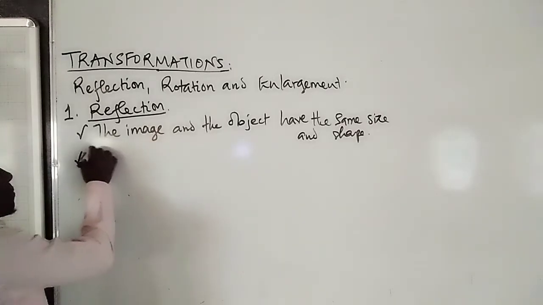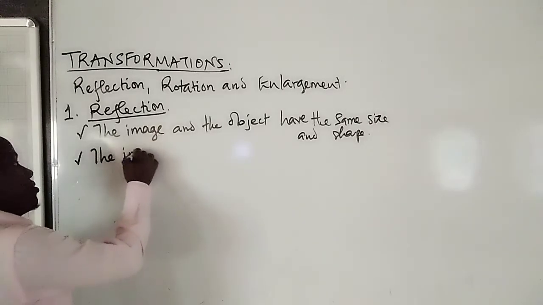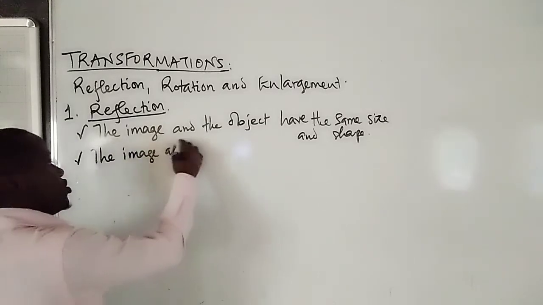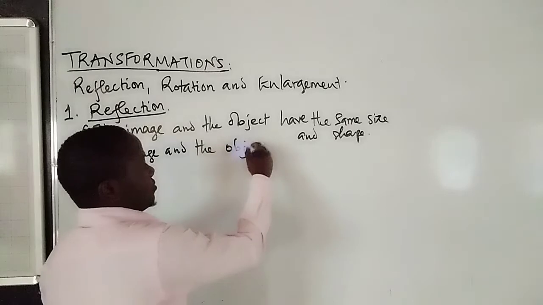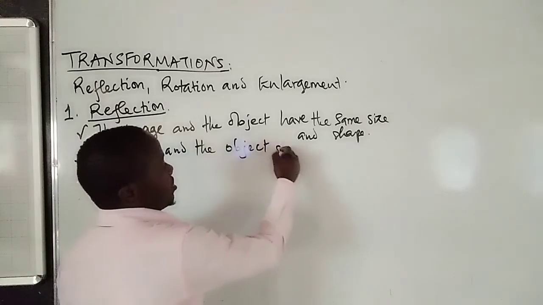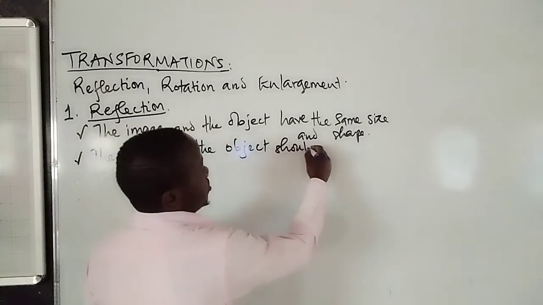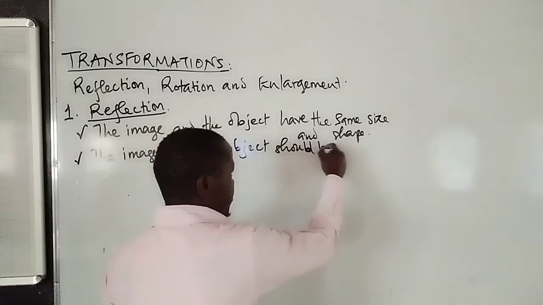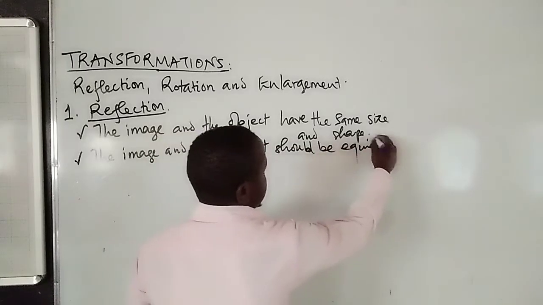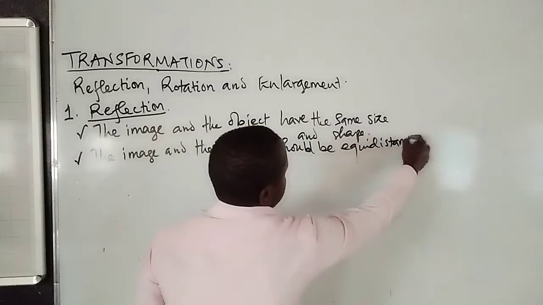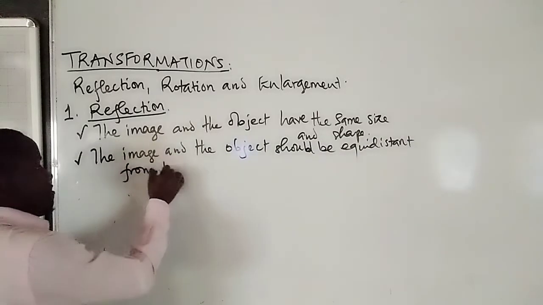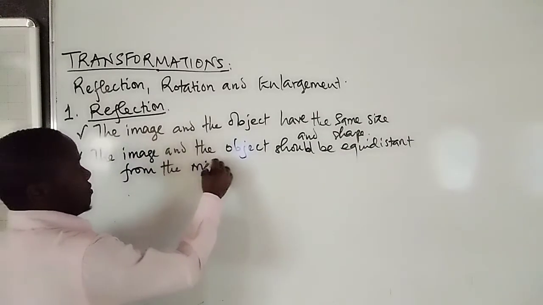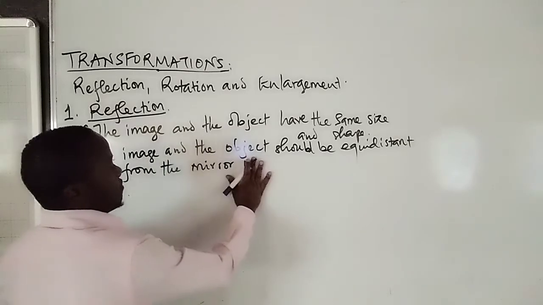Again, the image and the object must be equidistant from the mirror line.